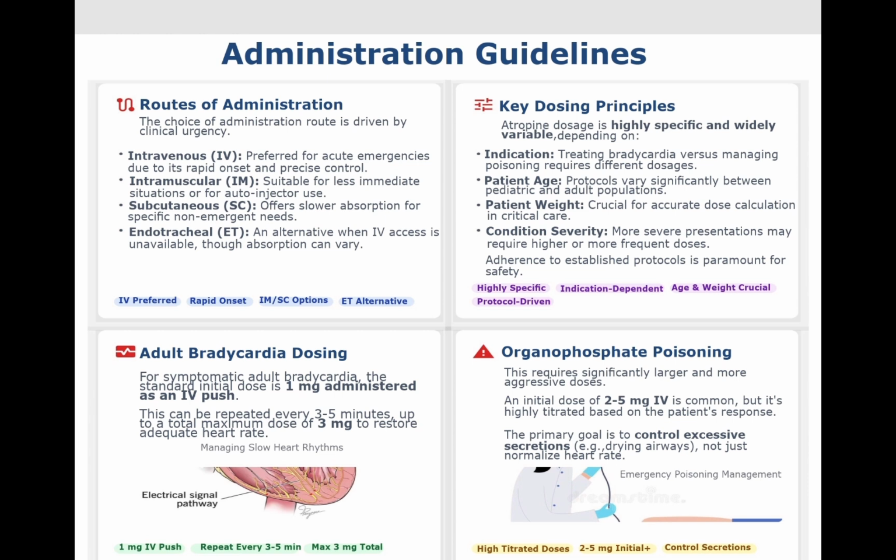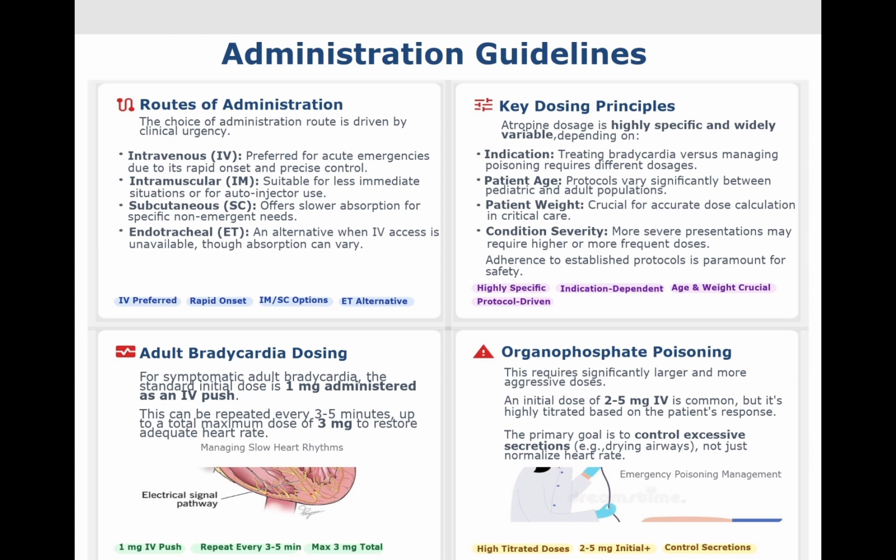The goal here is respiratory stabilization, not necessarily normalization of heart rate, as tachycardia is an expected side effect of these large doses. Pediatric dosing requires strict adherence to weight-based guidelines, typically 0.02 milligrams per kg, with careful attention to minimum dose consideration in very small infants to avoid an overdose.